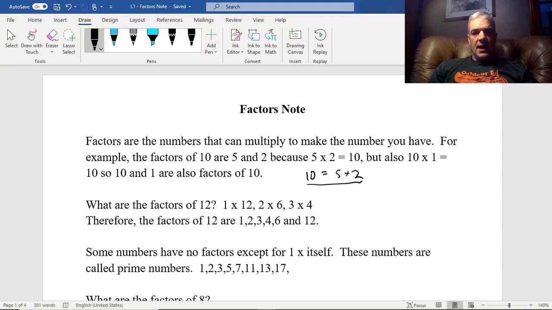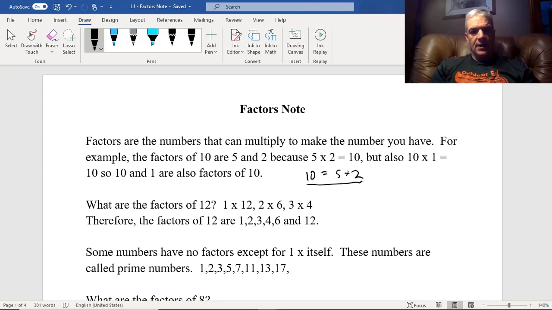Now, some numbers have more factors than others. For example, the number 12. What are the factors of 12? Well, 1 times 12. Any number is always 1 times itself. So itself and 1 are always factors. There's no whole number that does not have at least that as a factor. In fact, prime numbers, that's all they have.